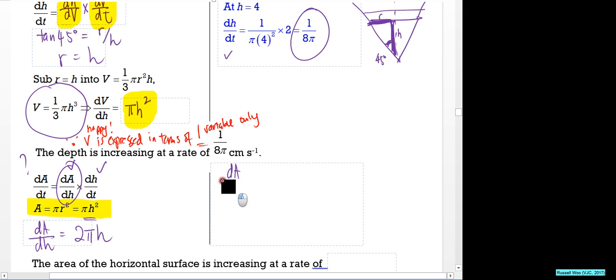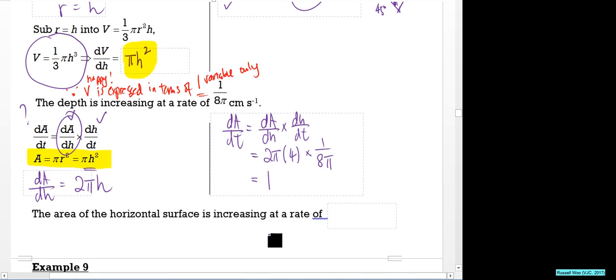Therefore, dA/dt is dA/dH times dH/dt, which is 2 pi, h is 4, times 1 over 8 pi. Correct? Which is actually 1. So the final statement: the area of the horizontal surface is increasing at the rate of 1 cm squared per second.